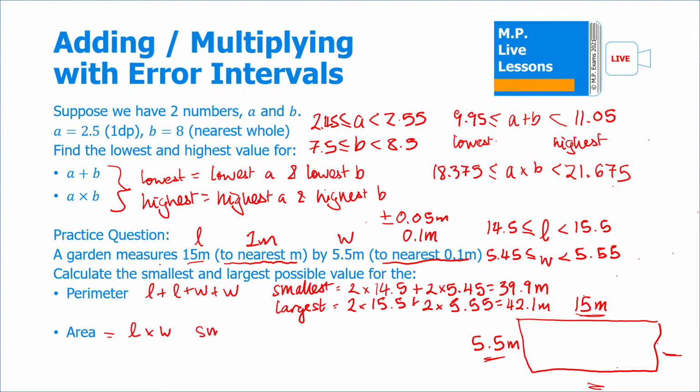So the smallest is your smallest possible value for L times your smallest possible value for W, which gets us 79.025 square meters.